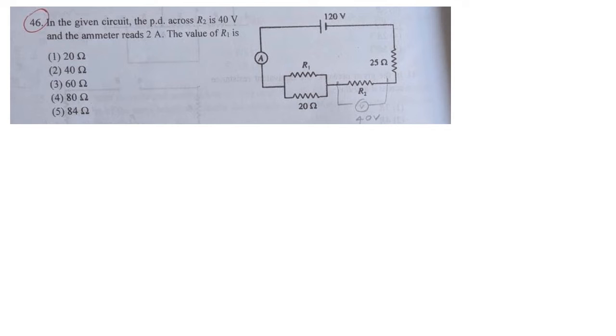Because here the current divides and then again sums up here, and again 2 ampere will be flowing through R2. So for R2, if we use V equals IR, 40 equals 2 into R2, so R2 is 20 ohm, right?